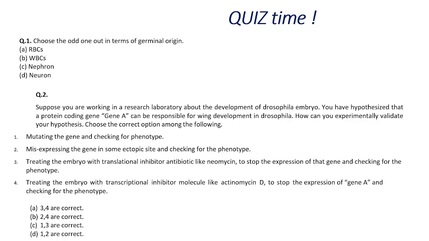You have hypothesized that a protein coding gene, that's gene A, can be responsible for wing development in Drosophila. How can you experimentally validate your hypothesis? So choose the correct option: mutating the gene and checking the phenotype, misexpressing the gene in some ectopic site and checking for the phenotype, treating the embryo with translational inhibitor antibiotic like neomycin to stop the expression and check the phenotype, treating the embryo with transcriptional inhibitor molecule like actinomycin D to stop the expression of gene A and checking for the phenotype.